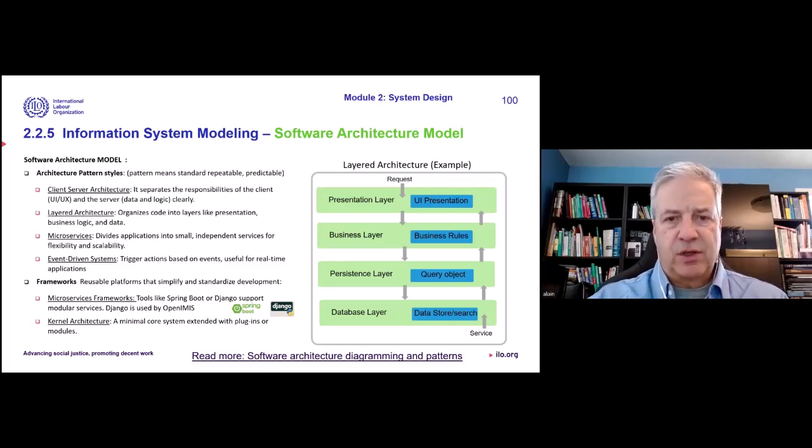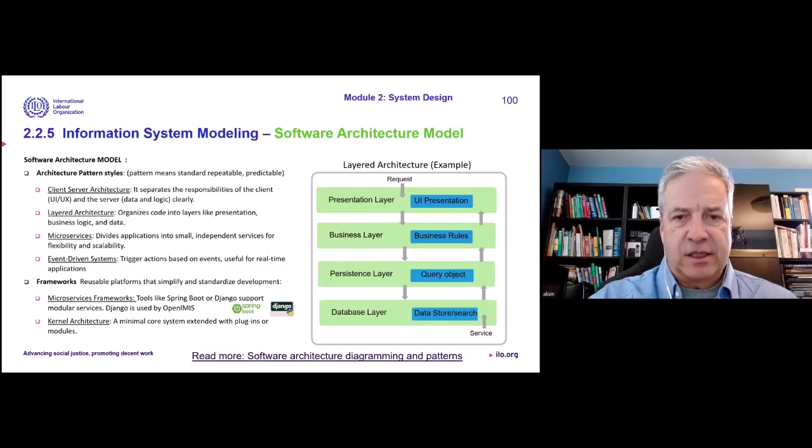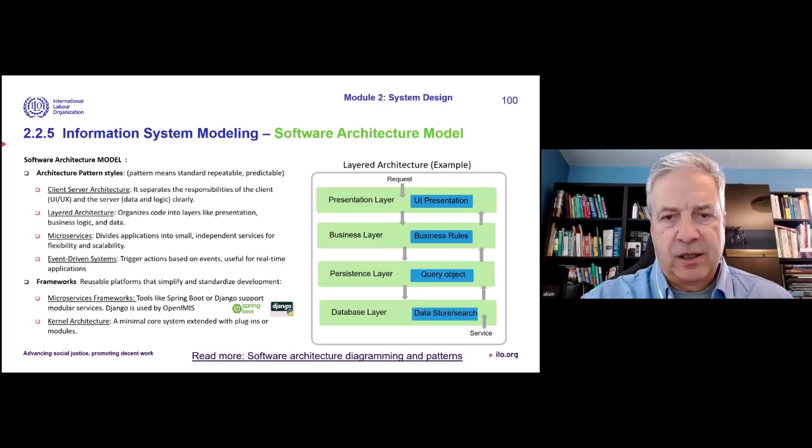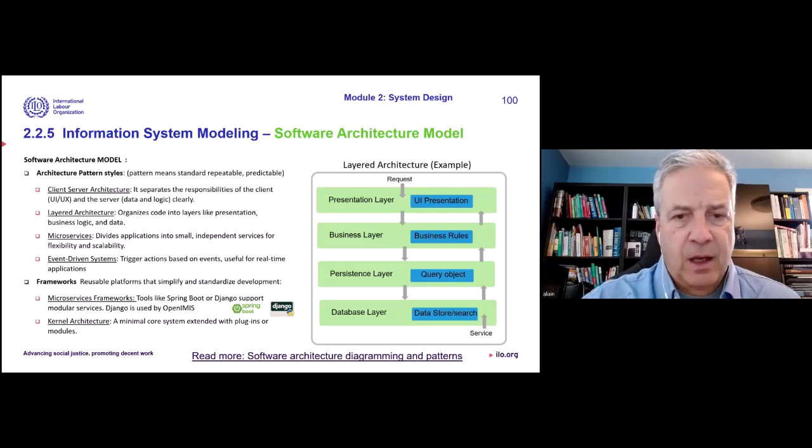That's the persistence layer. You also need temporary storage to produce calculations, statistics, reports, things like that. So that's the use of the persistent layer.